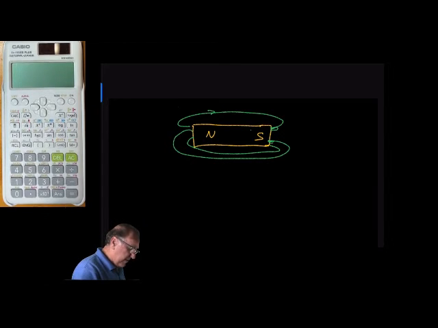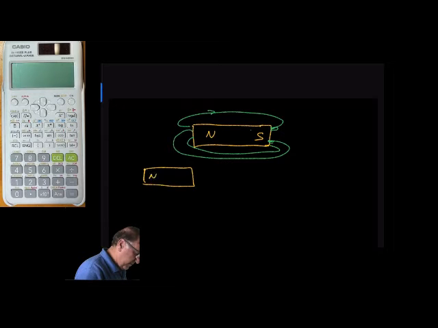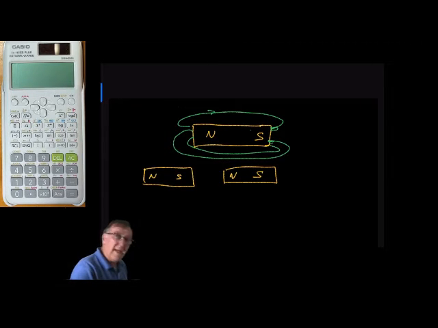And then if we take two magnets, like such, and we bring them in close proximity, what do we get?